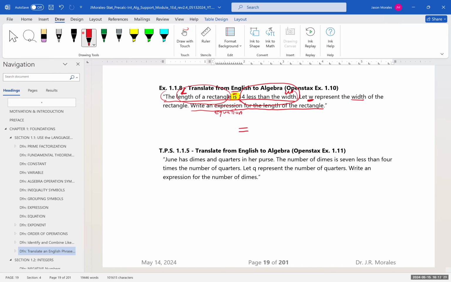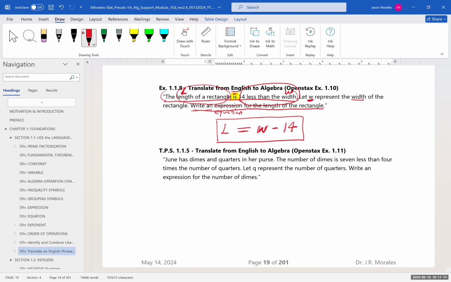On the left-hand side, it says the length of the rectangle, and we're going to represent that as L. Then on the right-hand side, 14 less than the width. We could think of that as the width minus 14. It says write the equation for the length of the rectangle. Well, there we go. The length of the rectangle is the width minus 14.